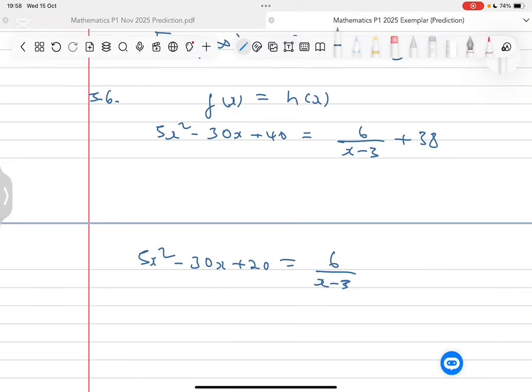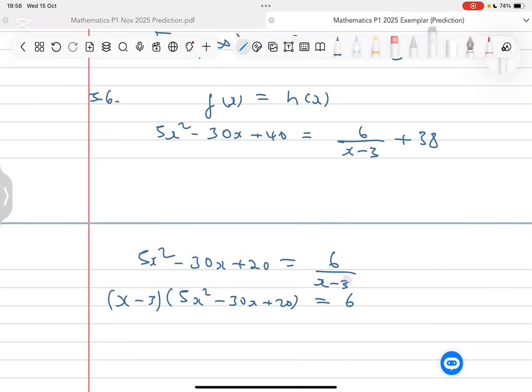Now from this point forth, we are going to cross multiply by this x minus 3, so that we have 3 minus x, and here 5x squared minus 30x plus 20 being equal to 6.